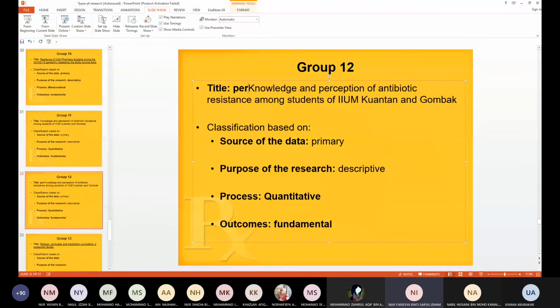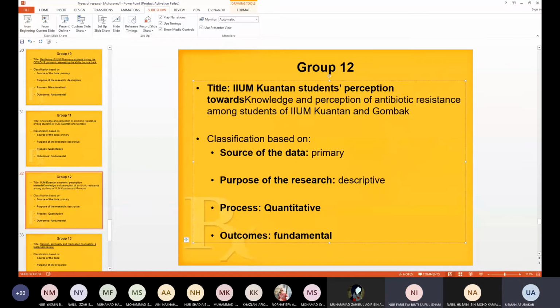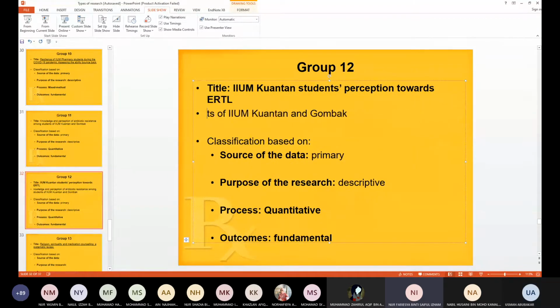IIUM Kuantan student perception option in ERTL implementation. Okay, towards ERTL, right? Yes. All right. Academic, financial, and emotional aspect.